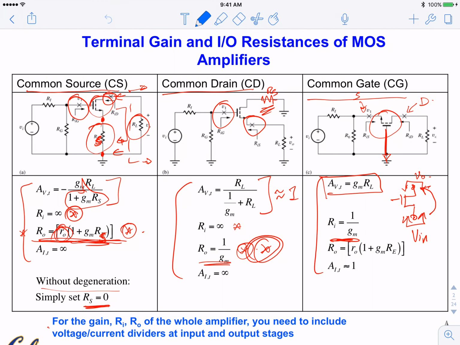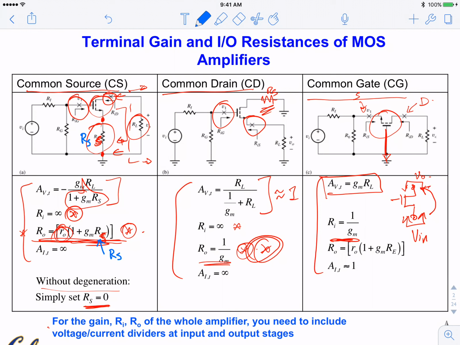Yep. Can you confirm for the common source? The output resistance, is it RS, or because Krishna changed it in the middle of the lecture? So it should be RS. I don't know what's originally in here, but this should be RS, and it is RS here.